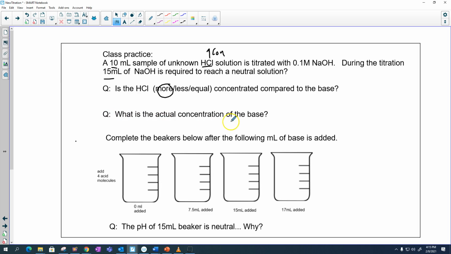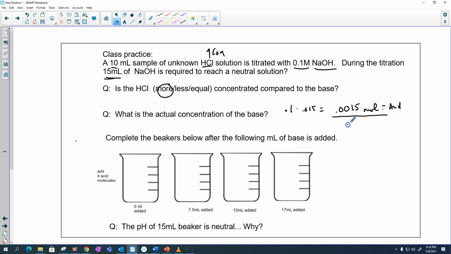What is the actual concentration? Okay, again, this is our known unknown table. I'm not going to use that because we've got a short work anyway. So it's going to be 0.1 times 0.015. That's my milliliters converted to liters. Make sure you line those two up and get the right numbers together. And this is going to be 0.0015 moles of my base, which equals the moles of my acid at equivalence.